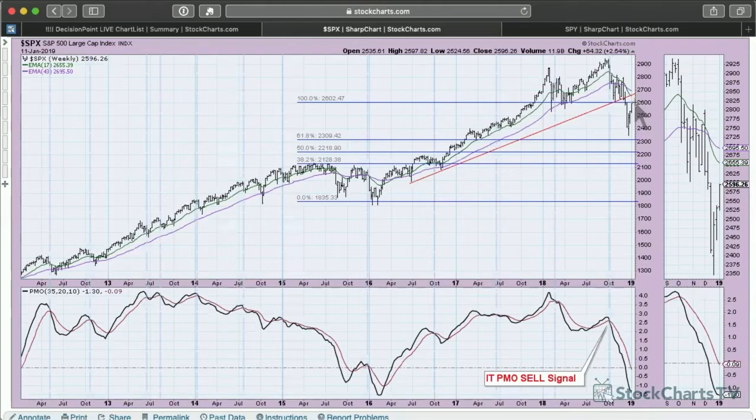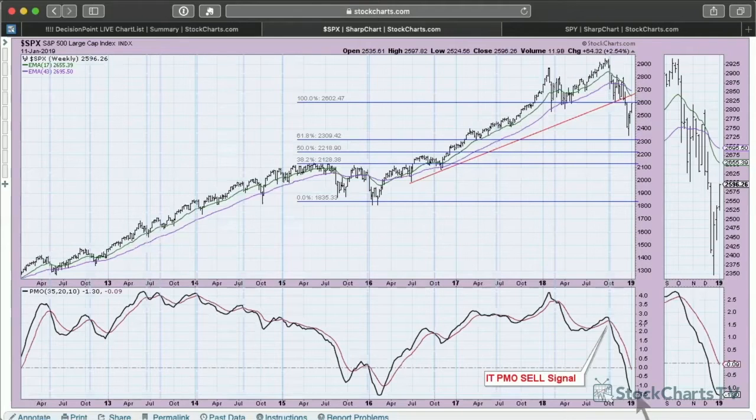That would certainly have me thinking a little bit more about not worrying. I'm not going to say we'd be out of a bear market, but it would certainly have me watching a little closer some of the indicators to make sure that I am on track with that. It's not out of the question that we're going to see a bottom here, a price bottom, and a weekly PMO bottom.